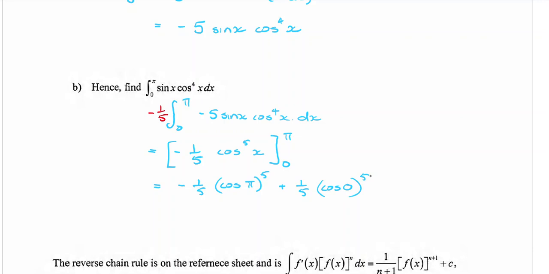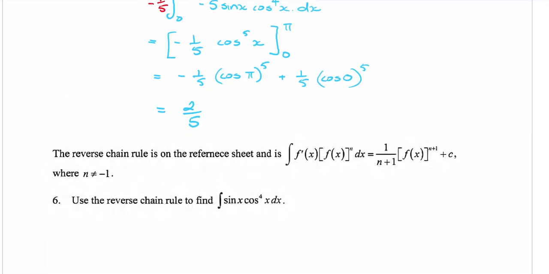Okay, so type it all in, and we get 2/5. Excellent. These calculators really make your life easy. We would have had to do all sorts of fun things if we weren't using these.